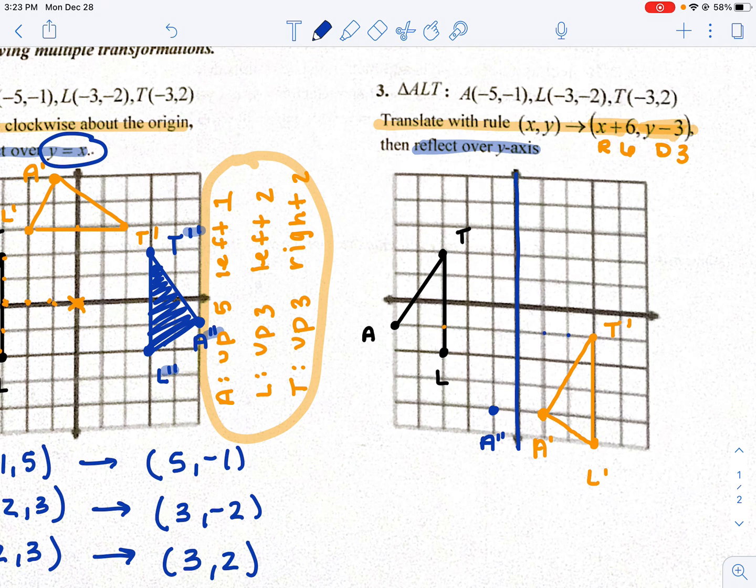T is 1, 2, 3 away. I'm going to go 1, 2, 3 the opposite direction, and that will be T double prime. And L is 1, 2, 3 away, so I go 1, 2, 3 for L double prime. Once I have those, I'm going to connect my dots and shade in my triangle. It is completely okay if your triangles overlap. That is going to happen.